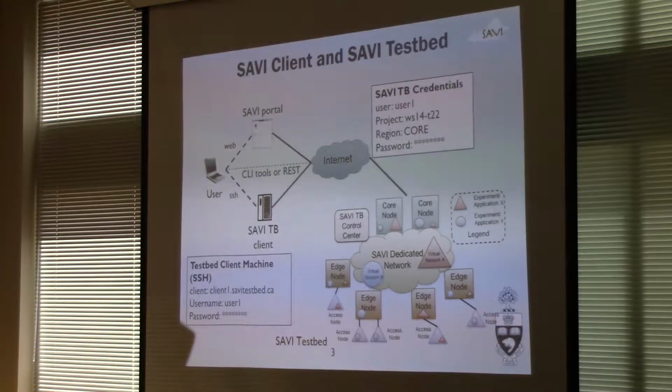So the SAVI client machine URL can be seen right here, client1.savitestbed.ca. So if you can SSH into that, I'll give you a minute or 2 to figure out how to do that. Anyone not know how to do that, so I can come back to you?